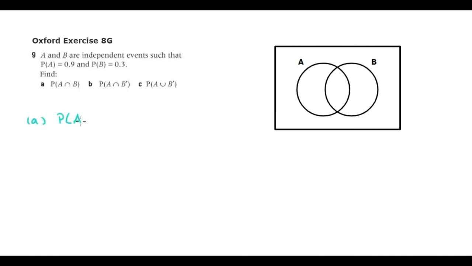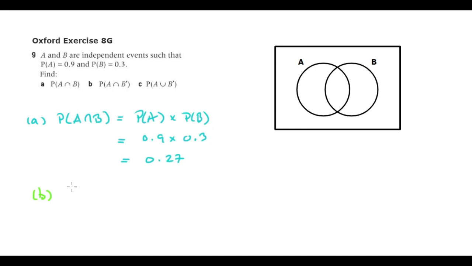And keep in mind, you can only do this when you have independent events, because A is not going to alter B in any way. So we'll have 0.9 times 0.3, which is 0.27.